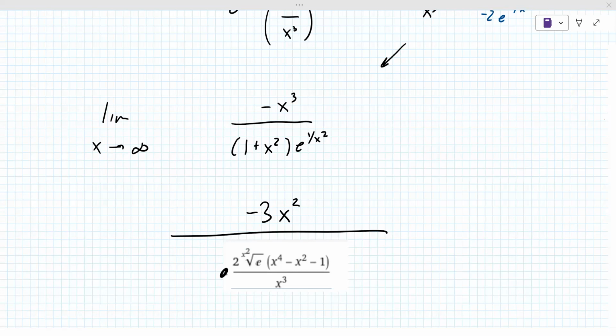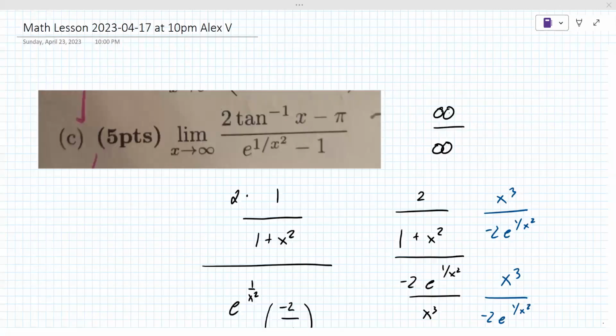Let me do a quick graph of this on my side. I should have done that earlier. Interesting.